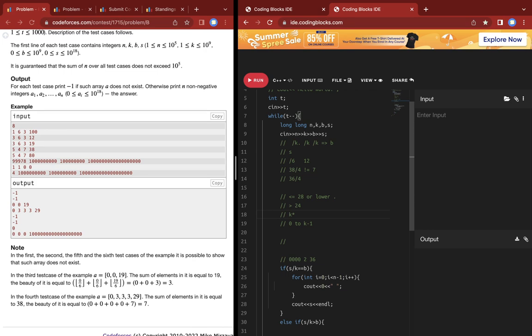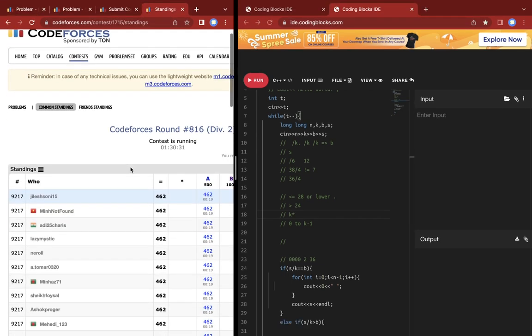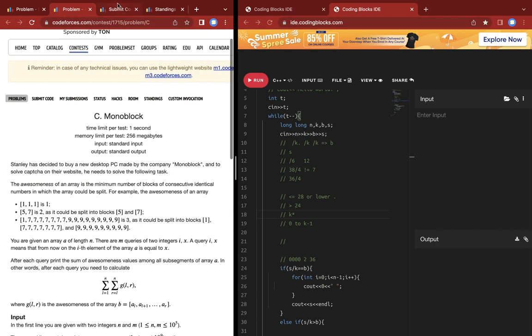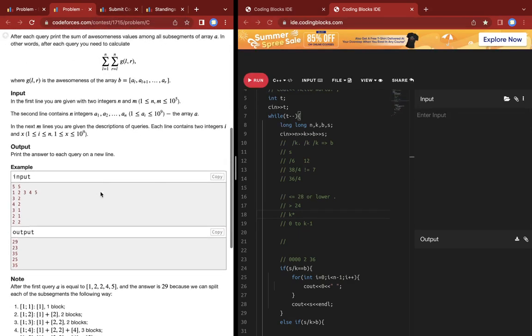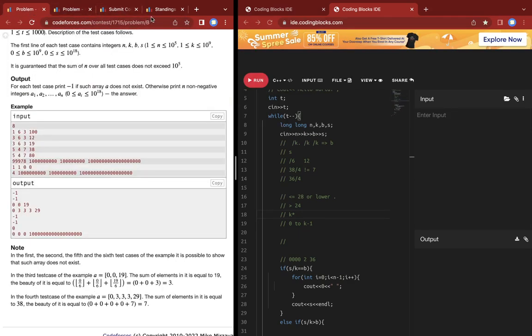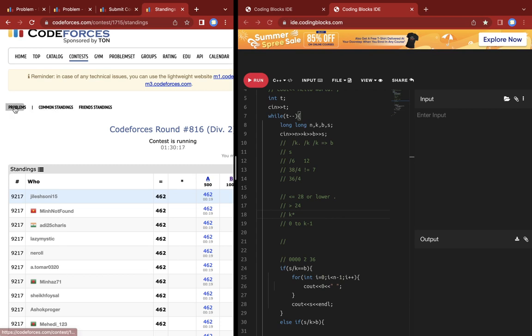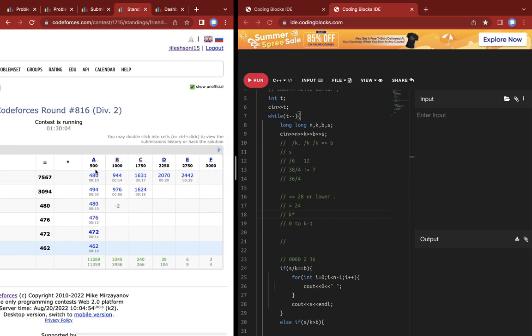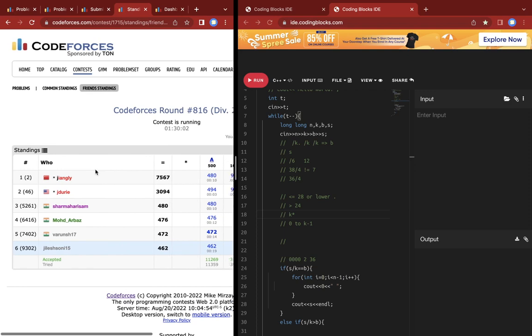This is difficult. Let's see how many people have solved this. Or maybe read problem C then. Gonna be bad.